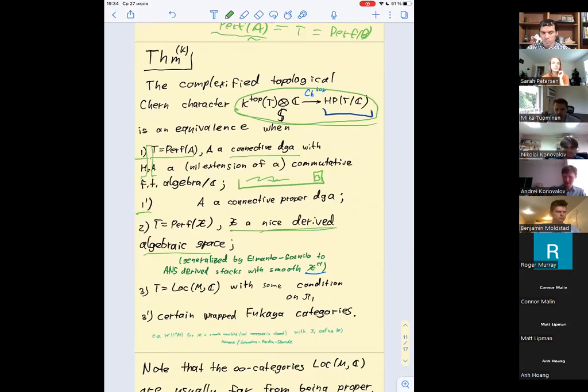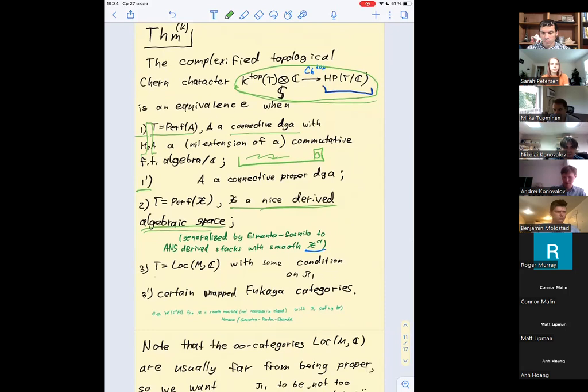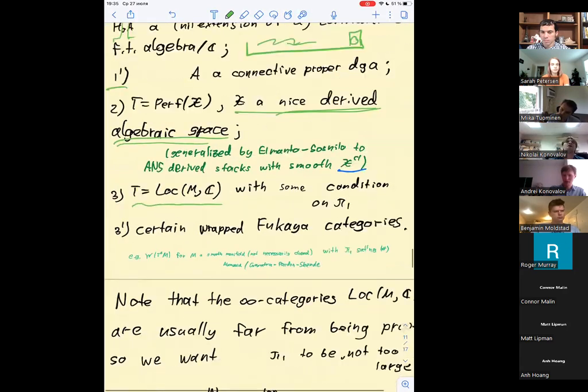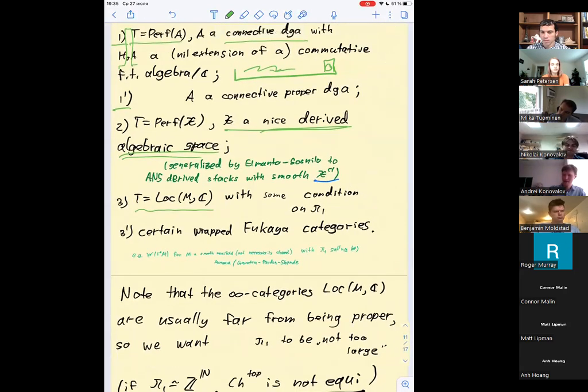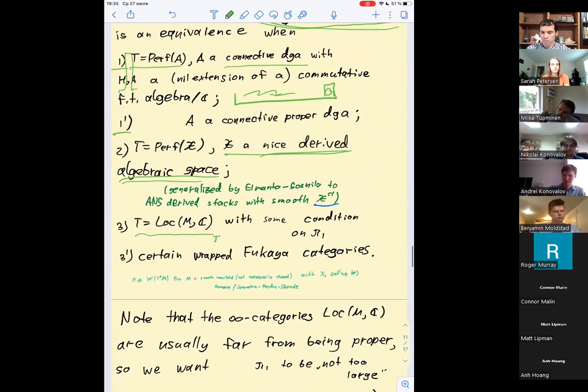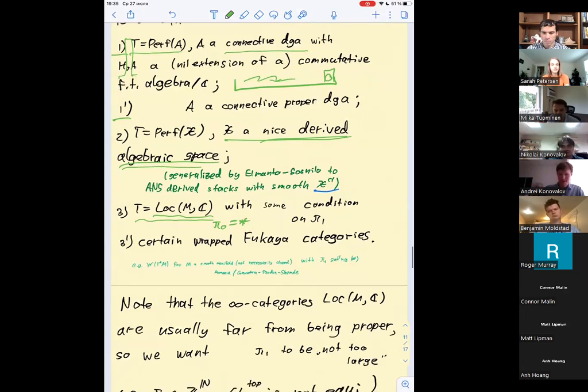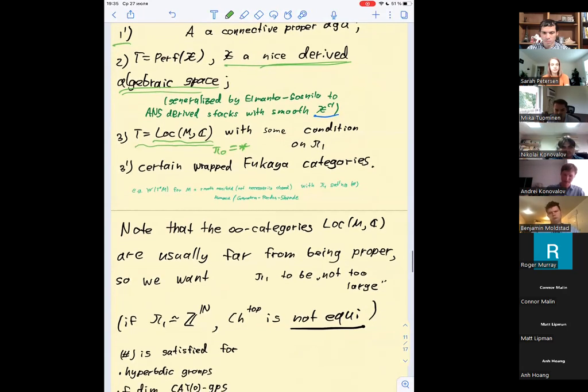There is also the example with derived algebraic spaces, and a nice example where you consider the infinity category of local systems of complexes of vector spaces. If you put some condition on pi 0 and pi 1, and I would probably like to have pi 0 equal to a point, then you can also understand topological K-theory of this guy as well. But actually, I'm using Farrell-Jones methods here a lot, so it uses some equivariant homotopy theory to understand the K-theory of these guys.